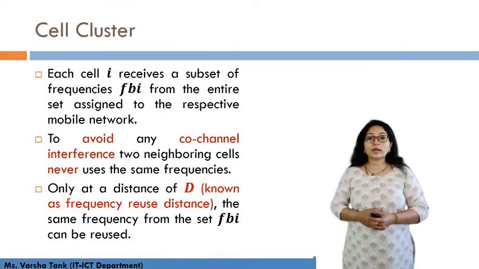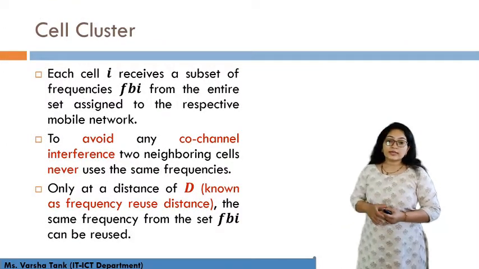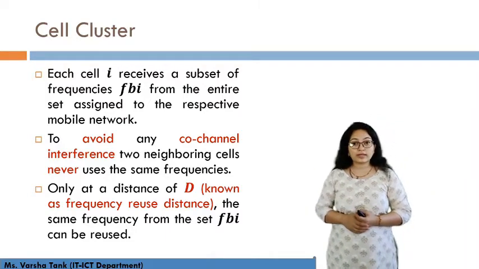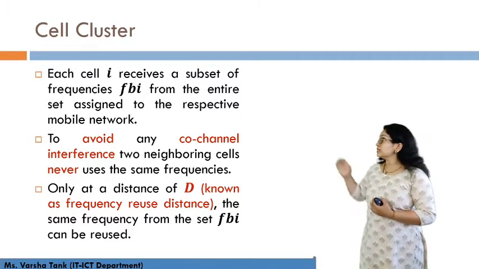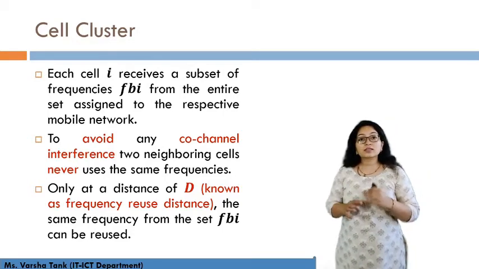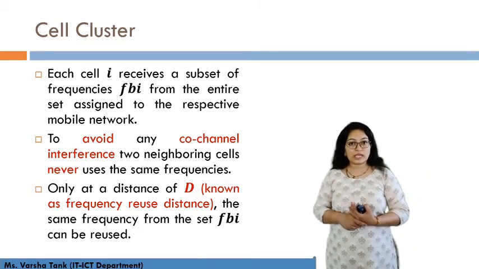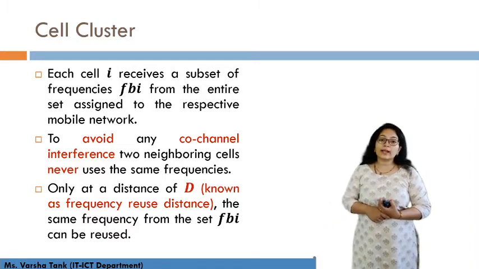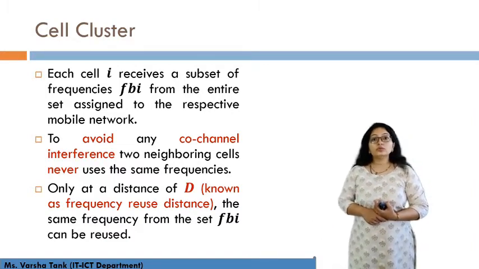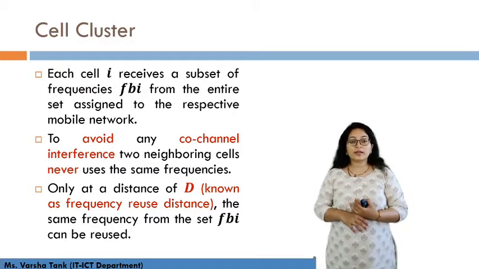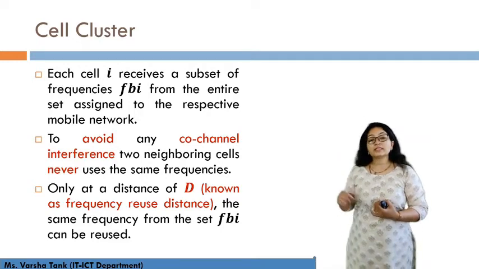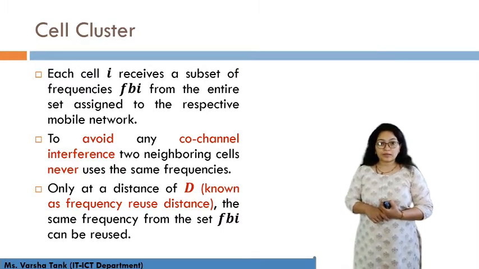Okay, so now let's have a look at the cell cluster, as we saw in the last slide. Each cell i receives a subset of frequencies Fi from the entire set assigned to the respective mobile network. To avoid any co-channel interference, two neighboring cells never use the same frequency, as you have seen in the last slide.